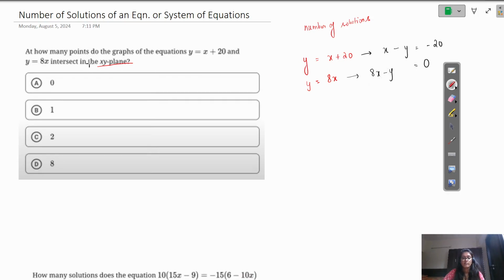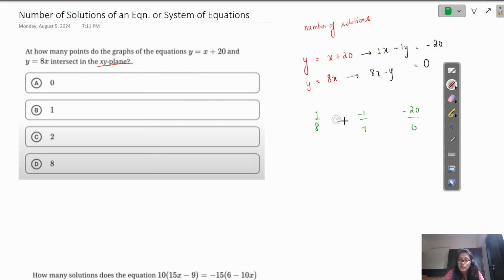You want to find out at how many points these two lines will intersect, so you find the ratios of the coefficients: 1 over 8, negative 1 over negative 1, and negative 20 over 0.